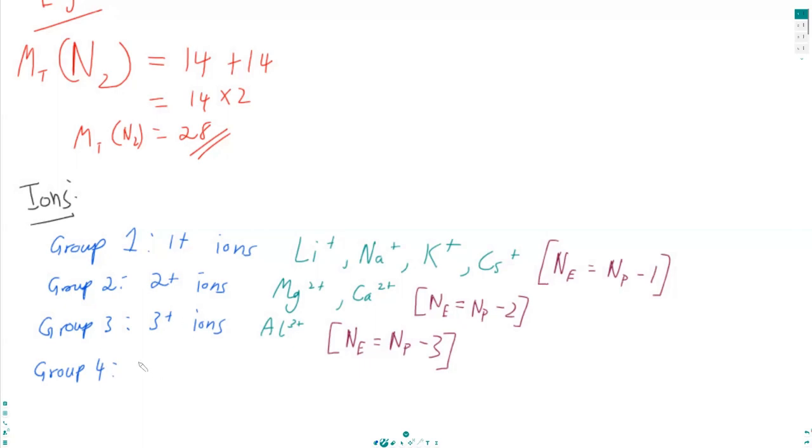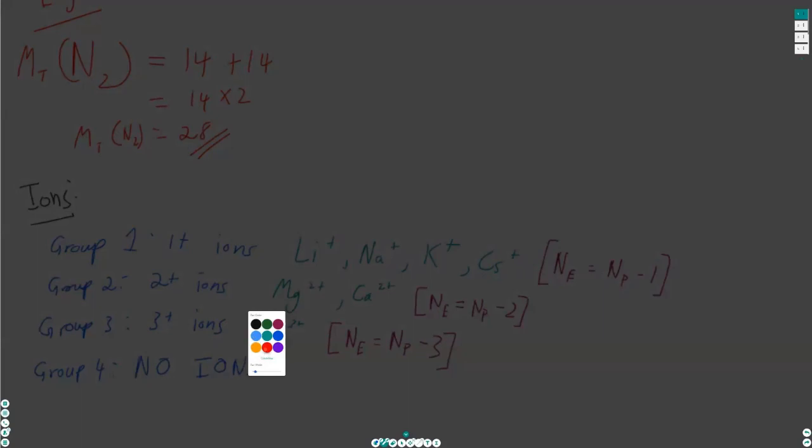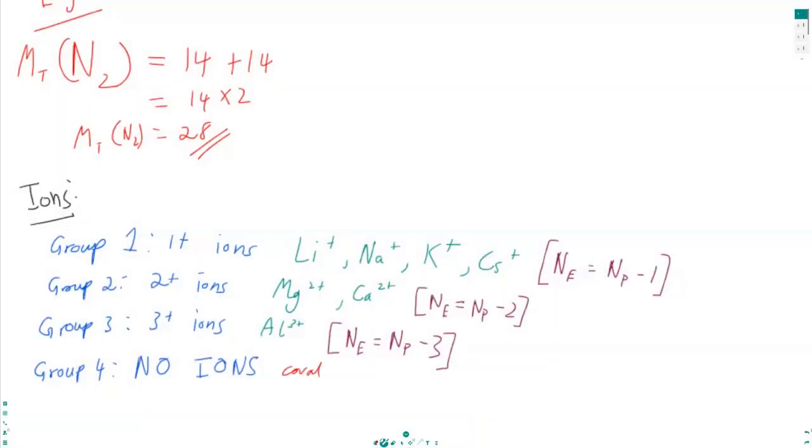But in fact, group 4 does not form ions. Carbon and silicon form covalent compounds, not ionic compounds, as we'll see in a future video. So group 4 produces no ions because they are all involved in covalent bonding.